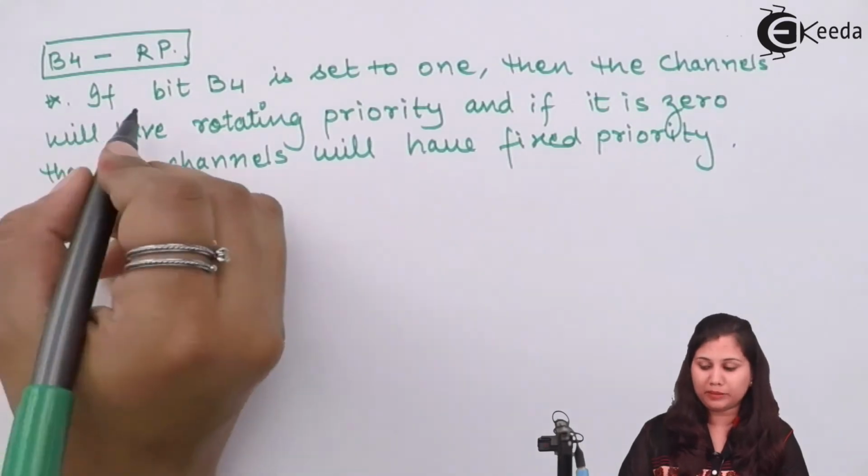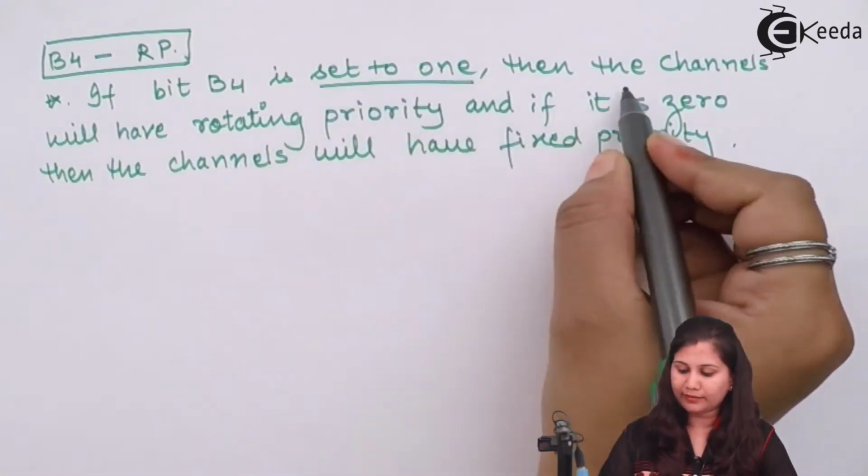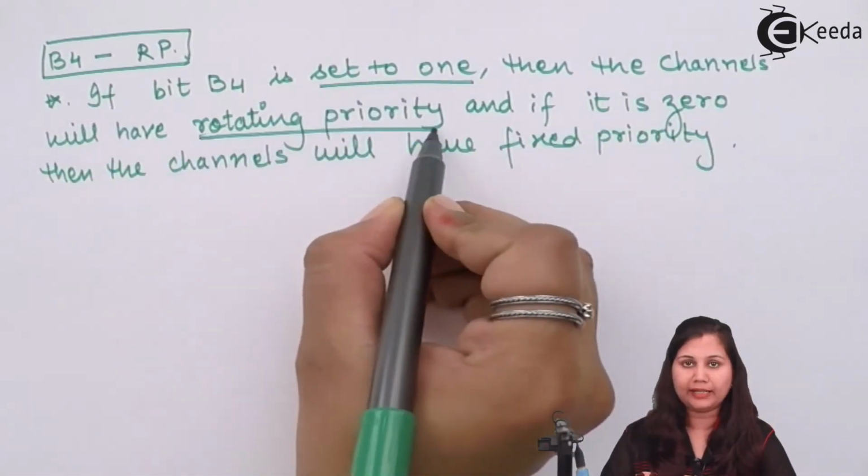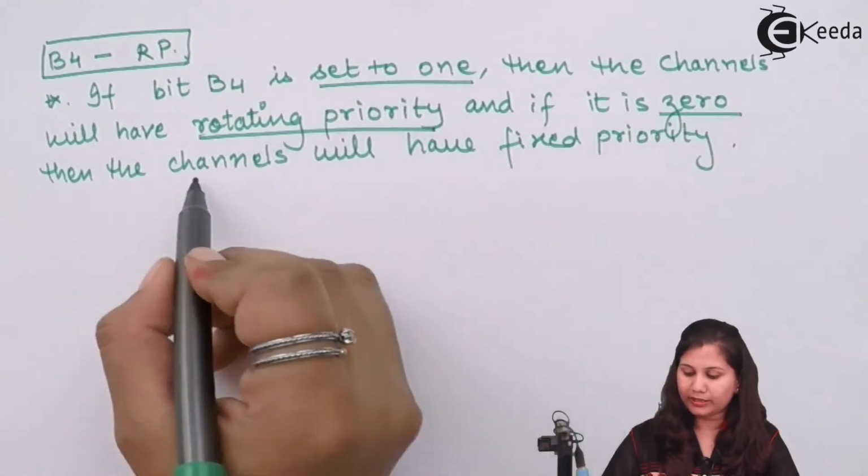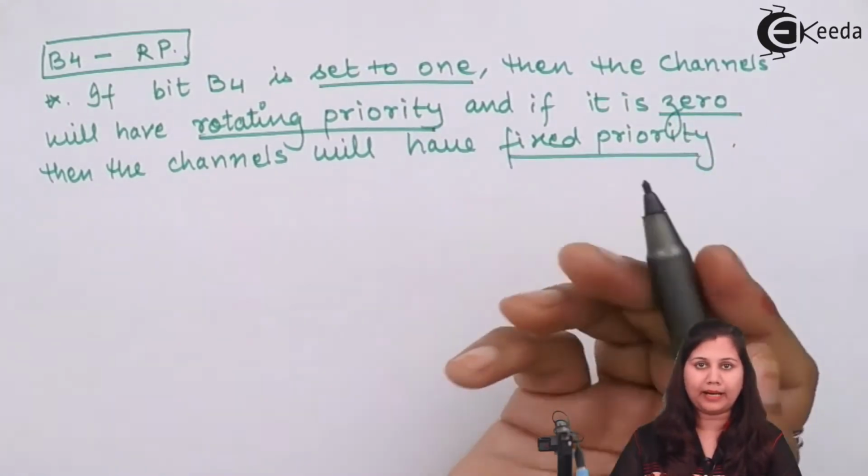So when this bit B4 is set to 1, then the channels will have rotating priority, and if it is 0, then the channels will have fixed priority.